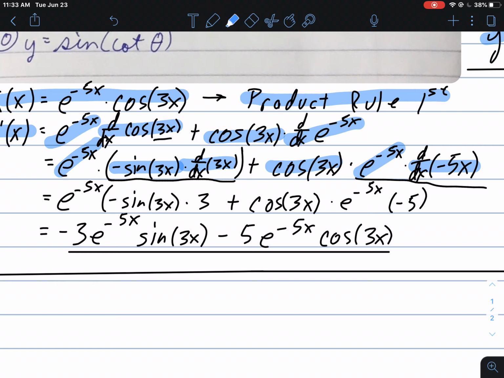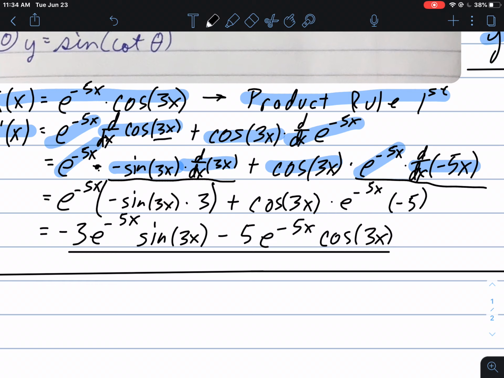Probably don't even need these parentheses, because that's our first, D second, so that's fine. Oh, I see why I put it, because of that negative in front of the sine. I didn't want to make that look like e minus. So I do need the parentheses there, just so it doesn't look like you're subtracting, but you're multiplying. I see why I had that now.